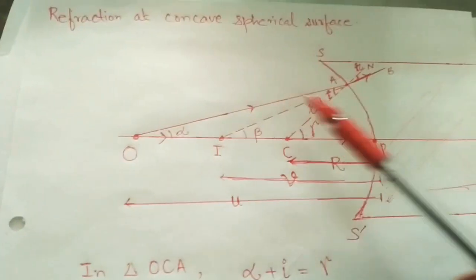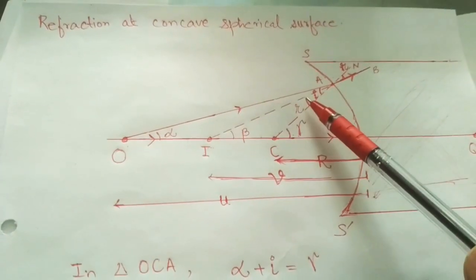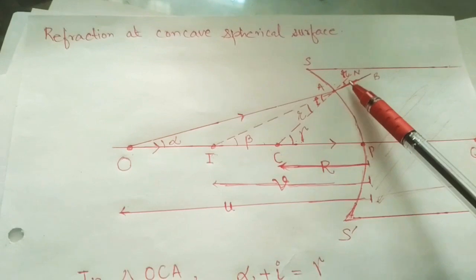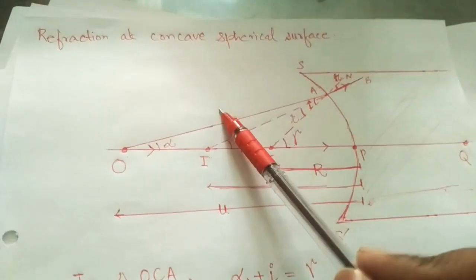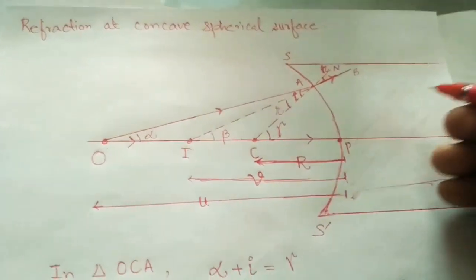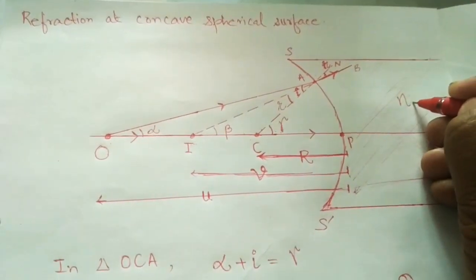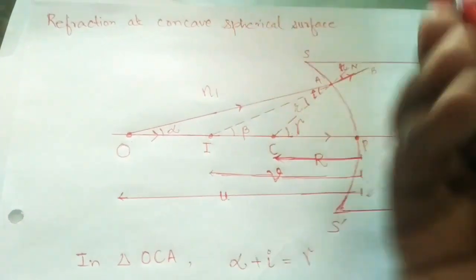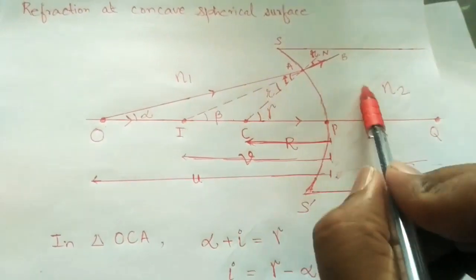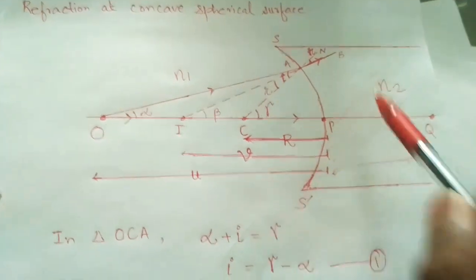Now using Snell's law, which says the ratio of sine of angle of incidence to the sine of angle of refraction is the refractive index of the second medium with respect to the first medium. So I'm taking the refractive index of this one as N2 and the refractive index of air as N1. It doesn't matter whether you write 1N2 or simply N2 upon N1.